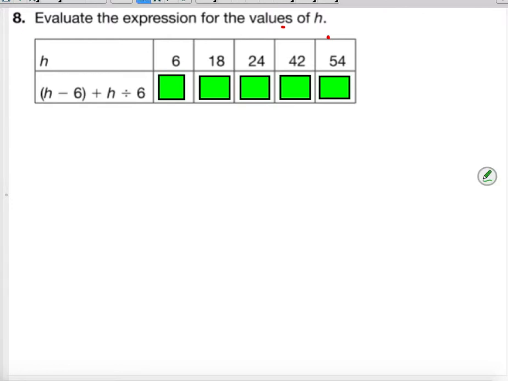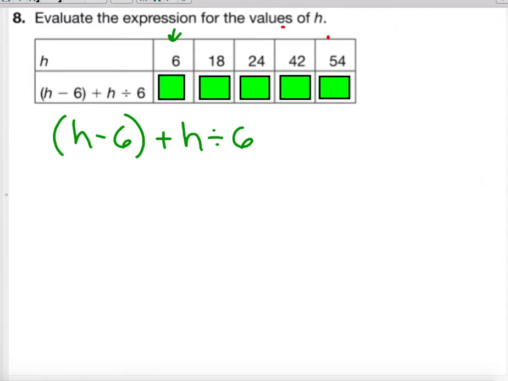And let's do, for the value of 6, let's give h a value of 6. Okay, so our expression is h minus 6 plus h divided by 6. Now this is going to get a little confusing possibly because there's so many 6's, but let's just rewrite the expression using h with a value of 6. So we would have 6 minus 6 plus 6 divided by 6.